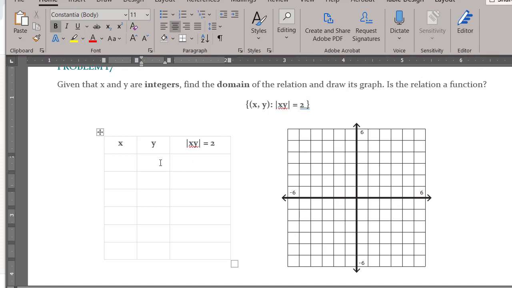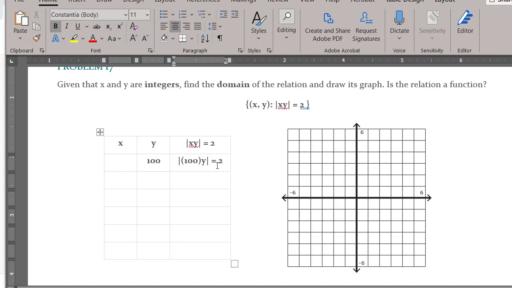So if I pick, let's say, 100 for y, what value of x can I put in here that will make this expression equal to 2, right? If I say x is 100, what value of y is going to make the absolute value evaluate to 2?